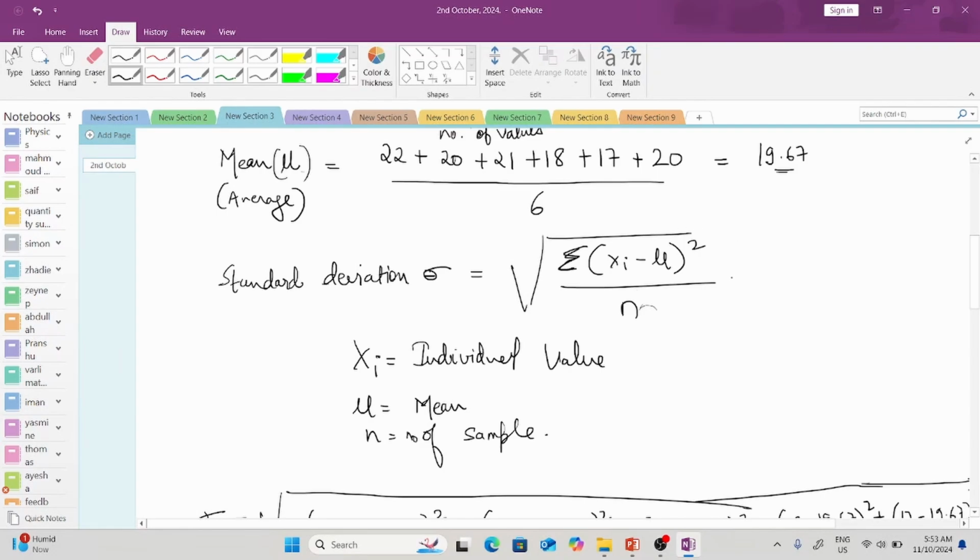Now if you solve this, summation means addition. For the first block, that is 22, minus mu.